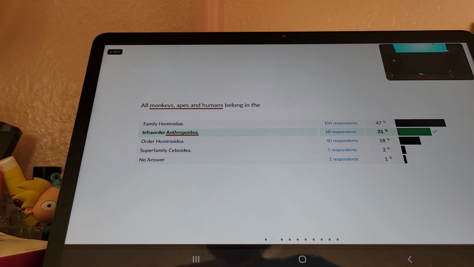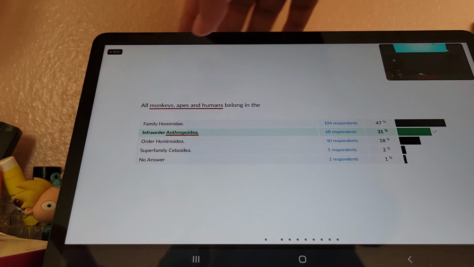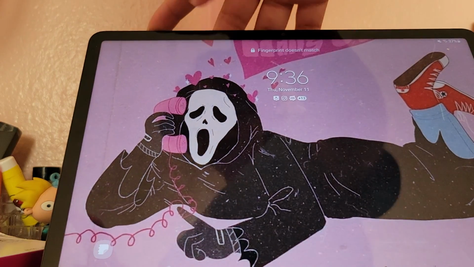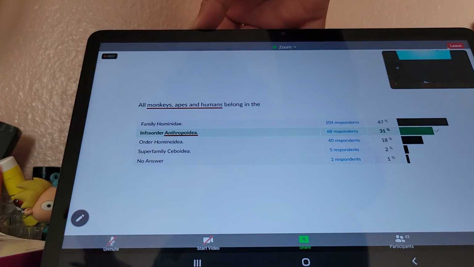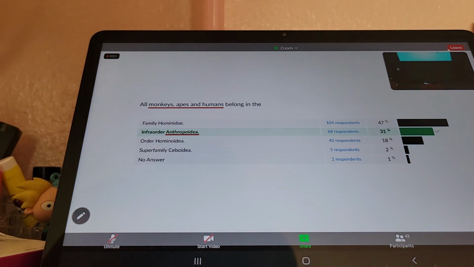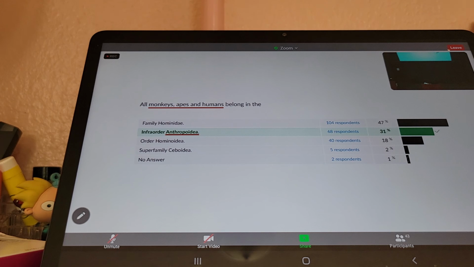So this question was also a question that was concerning. I'm not sure if it's the fact that in the answers we had stuff like family Hominidae, which was the most popular answer. But who belongs to family Hominidae? Who are the hominids?